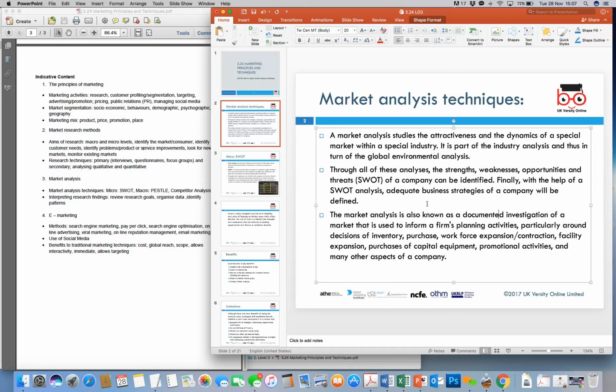So a market analysis is a technique in which we will undertake some sort of an investigation, study, or research. And here the idea would be to try and understand that particular area, sector, operation of a business or an organization in greater detail, which could align with the vision, the mission, the strengths and weaknesses, or the opportunities and threats of an organization.